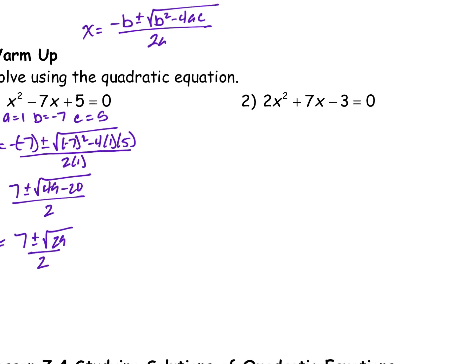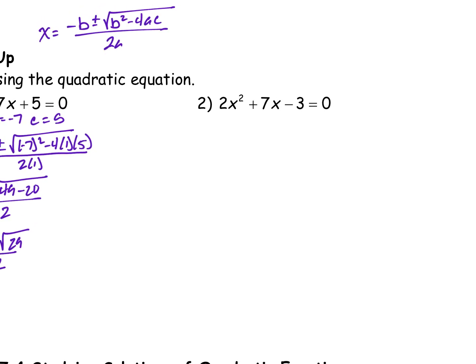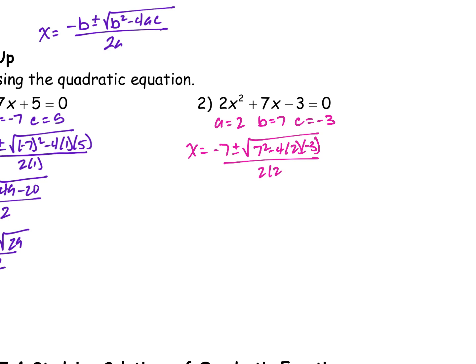And then, so I'll keep 1 up there while I do 2. So a equals 2, b equals 7, and c equals negative 3. So x equals negative 7 plus or minus the square root of 7 squared minus 4 times a times c, all divisible by 2 times a.